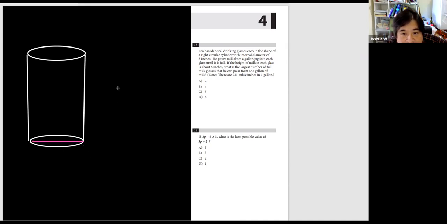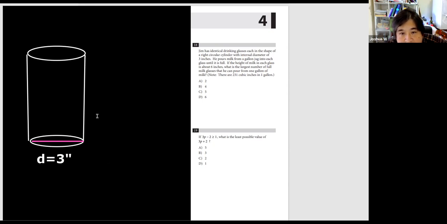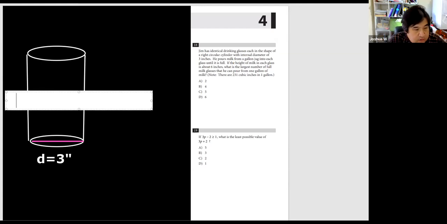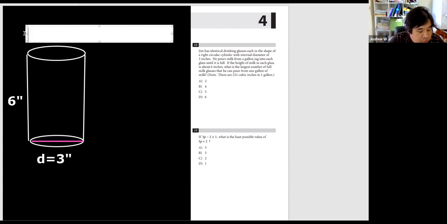So the diameter is 3 inches, and the height of the milk is 6 inches. So what's the largest number of full milk glasses he can pour from 1 gallon of milk? So this is 1 glass.